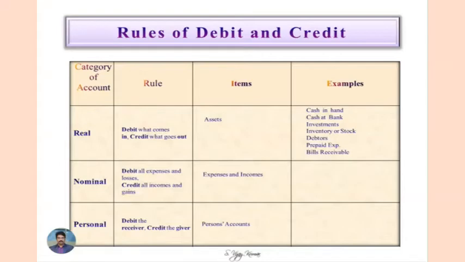Bills receivable, unexpired expenses also. Then we have nominal accounts: expenses, incomes. Purchases, salaries, wages you have in expenses; sales, rent, interest, commission, discounts, taxes can be the incomes. Rent, interest, commission, discount can be given or can be taken also.